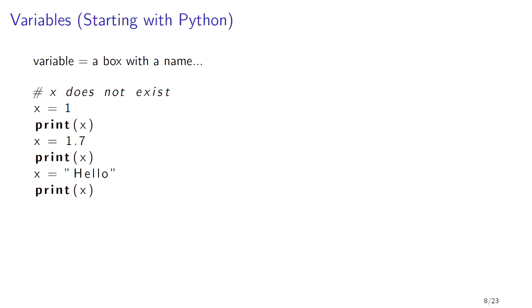So I can just say x equals 1, and we've now got a variable x that contains the value 1. And I can print it out and do something with it. And then it'll happily let me say x equals 1.7, and it's just a different value being put into the box. Or x equals the string hello, and again, it's a different value being put into the box. So it's just something that stores something.